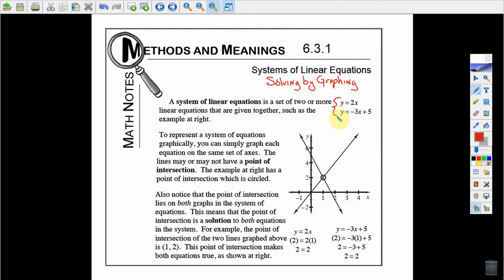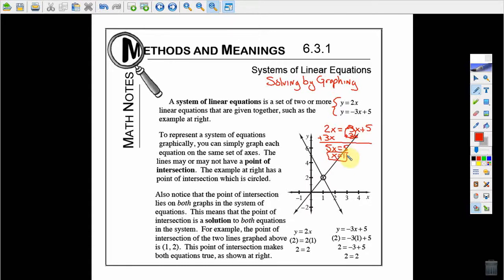If you used a method like we had done in past math notes, such as the equal value method, since these are both equal to y, we could say 2x equals negative 3x plus 5. We could add 3x to both sides. Get 5x equals 5, x equals 1.